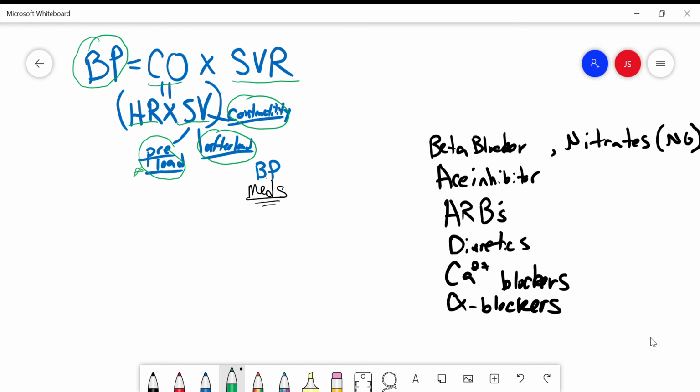The afterload, you could consider to be the pressure exerted on the left ventricle, but really it's the pressure that the left ventricle has to overcome in order to pump the blood out of the heart.